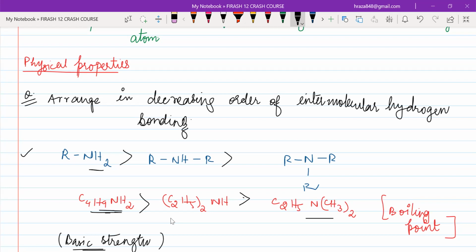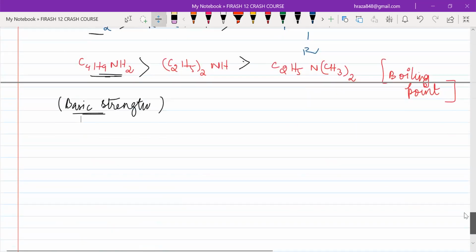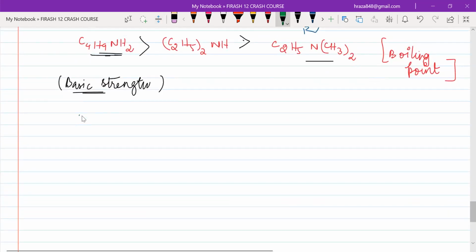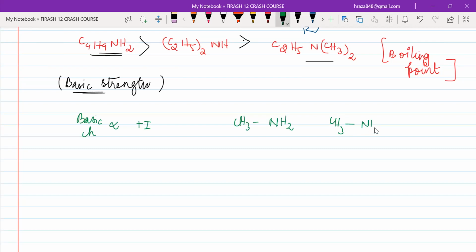Generally what happens, basic character is directly proportional to plus I effect, as I have already told you. So this is your RNH2. I'm going to take R as CH3, so this is CH3NH2, (CH3)2NH, and N(CH3)3.